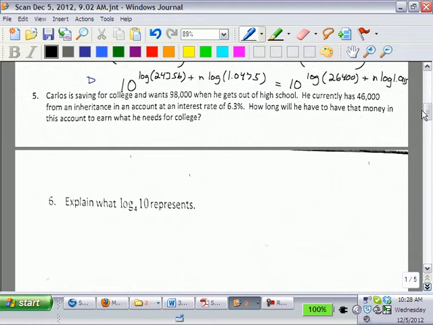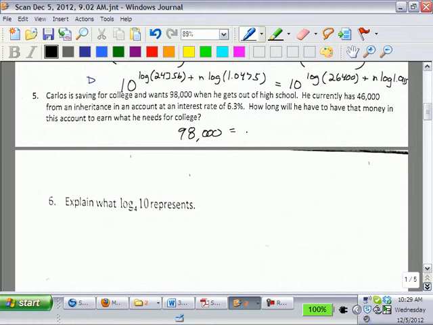Number 5 was a lot easier than 4, because 4 was about compounding continuously. In 5, it looks like it's just compounded annually. So for number 5, the thinking we're going to go with is he wants to end with 98,000.